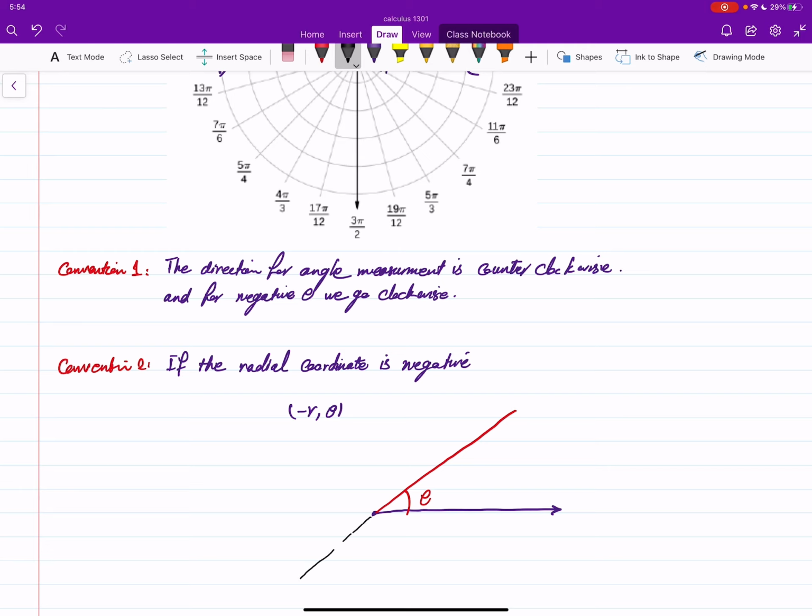You continue on the other direction and you pick r there. So this is negative r and theta. I started with the ray for theta, and since the radial was negative, I went in the opposite direction. In other words, this is always the same thing as r and theta plus pi: you go to the plus pi side, and then do the positive one.